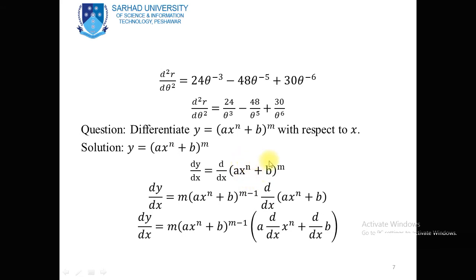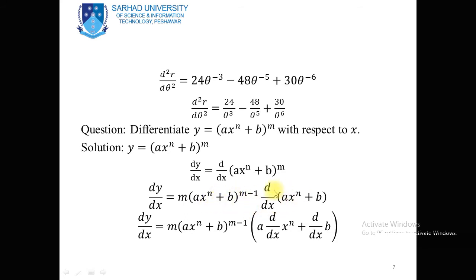When an expression has a double power, x power n and a x power n plus b whole power minus m, use the power rule as multiply the power with the coefficient and subtract 1 from the power, and again take the derivative of the base, because the inner power is again x power n.